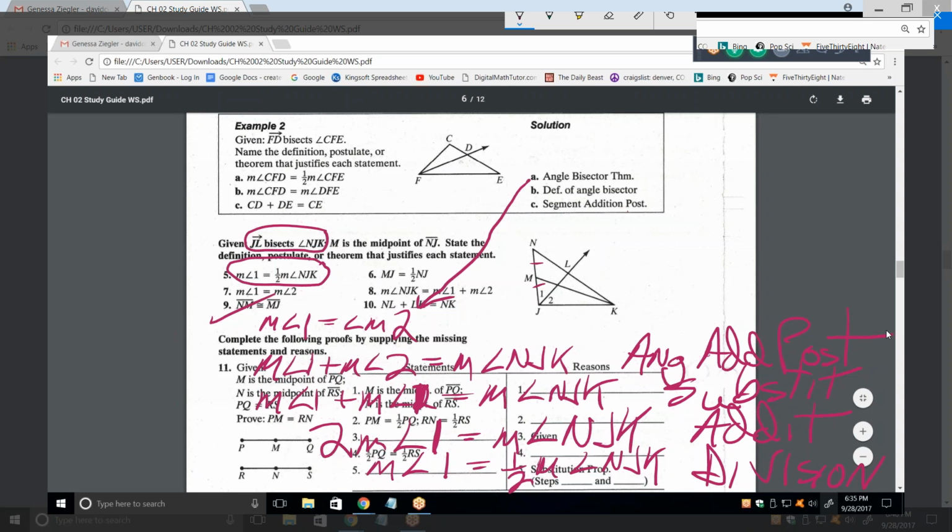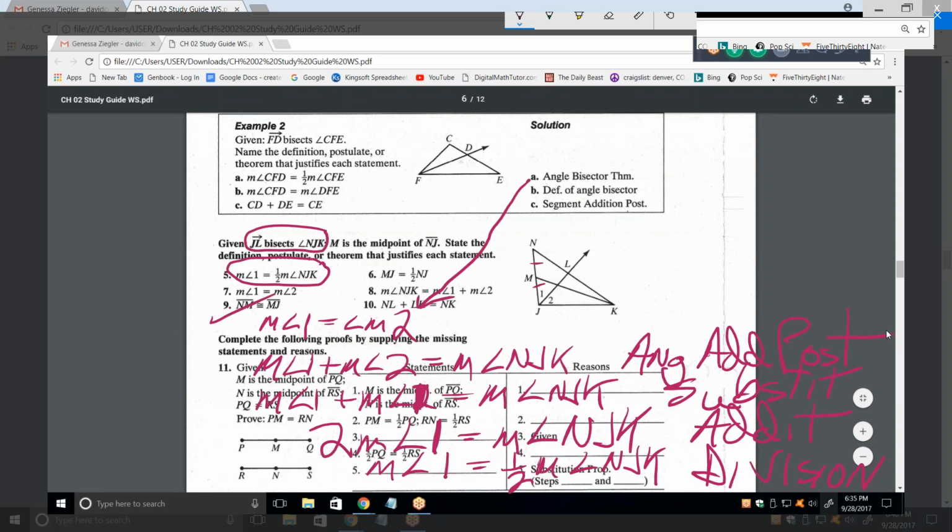Now, they act like the answer should be one thing, right? They say state the definition, postulate, or theorem that justifies each statement. And yet it took me 5 things to justify that statement.